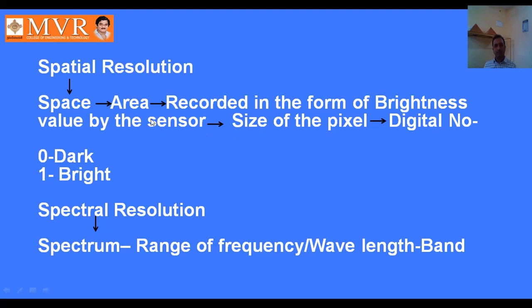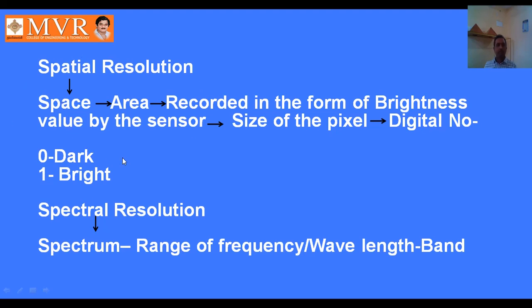The sensor records the intensity value, brightness value, or gray value. This gives the pixel value, the digital number. Dark gives the 0 value, bright gives the 1 value. This is spatial resolution.